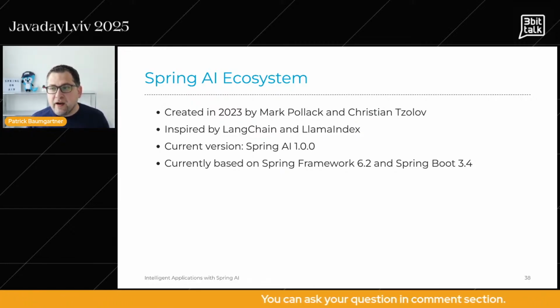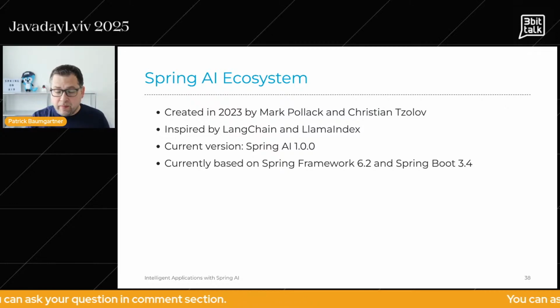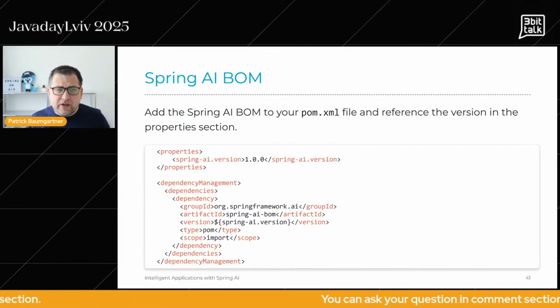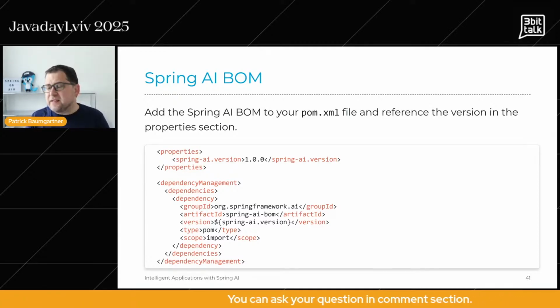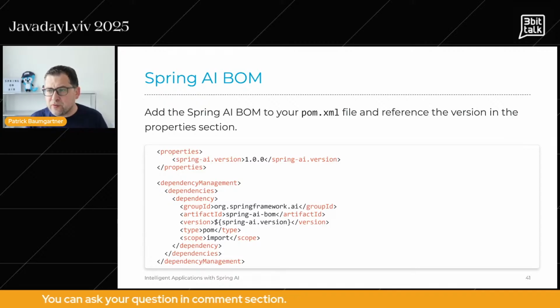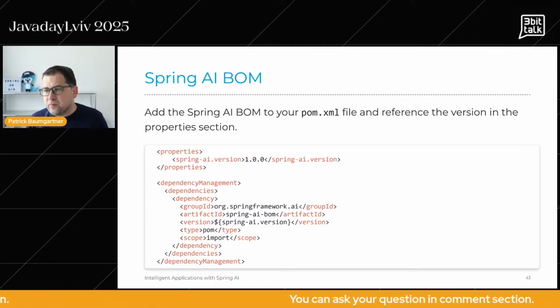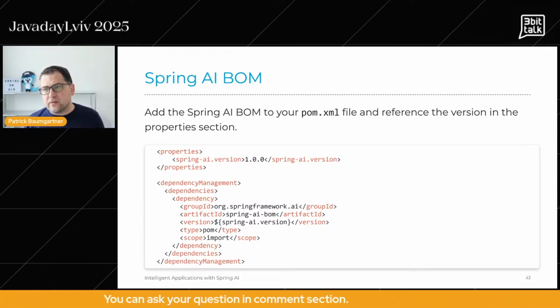So Spring AI is currently based on Spring Framework, the current version, and as well on Spring Boot. So getting started is super easy. It's basically as you would do with any project from Spring Cloud or from Spring Data. You're just pulling in the BOM file for doing the version management, and you work with that, and then you just go and add starters, right?